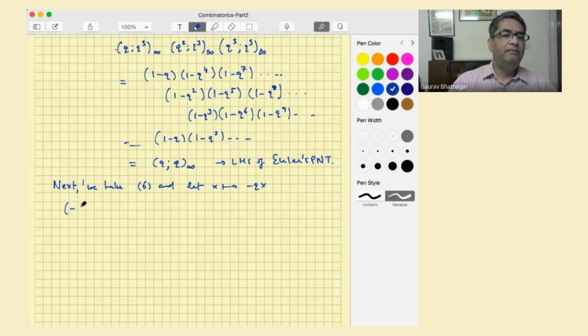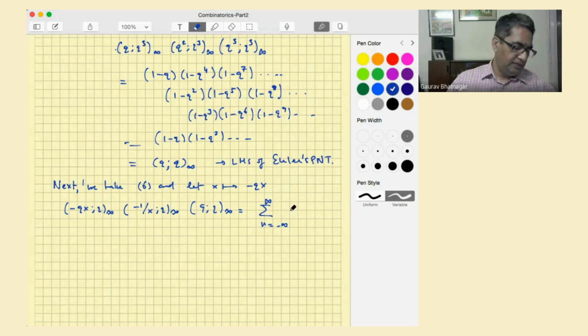So we get minus qx q infinity, minus 1 over x q infinity, and q infinity. And on this side, we get the sum over n from minus infinity to infinity of q^((n^2 - n)/2 + n) x^n. So the minus sign disappears.